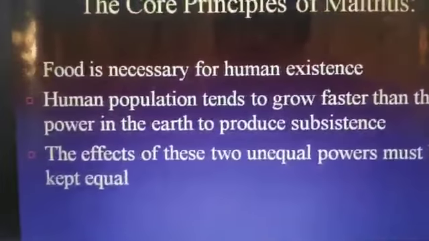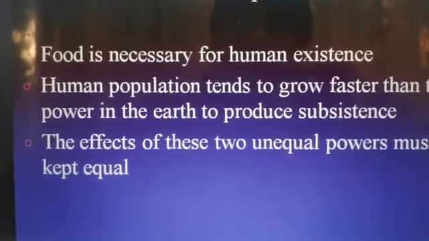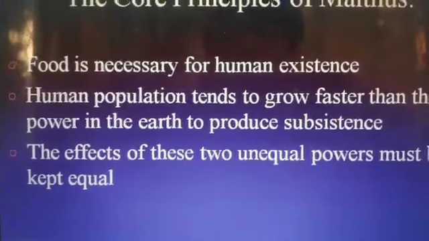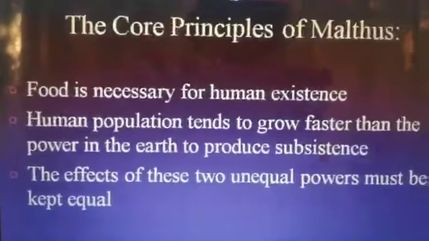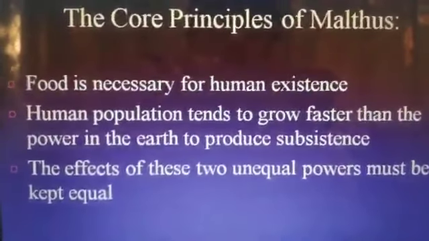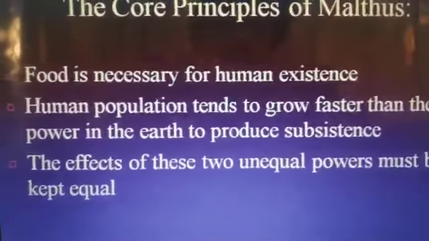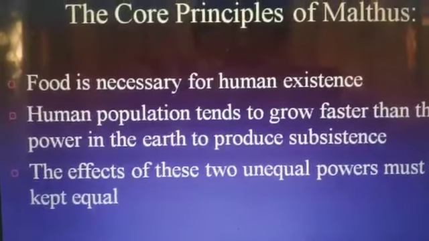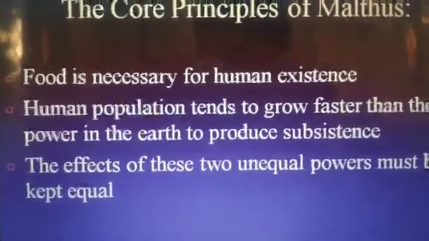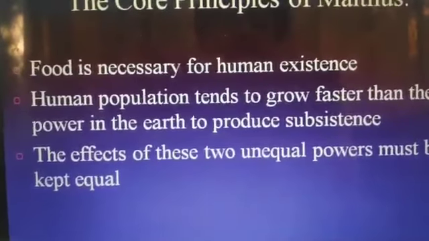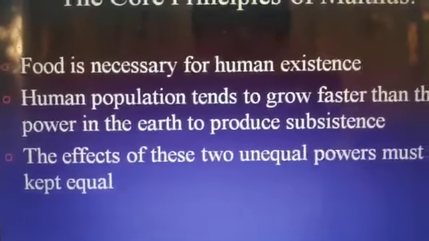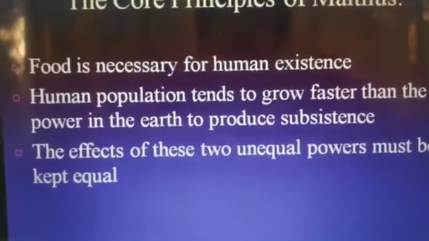And what did Malthus say? He assumed, number one, that food is necessary for human existence. And number two, that human population tends to grow faster than the power in the earth to produce subsistence. And thirdly, as a solution in this assumption, he said the effects of these two unequal powers must be kept equal.